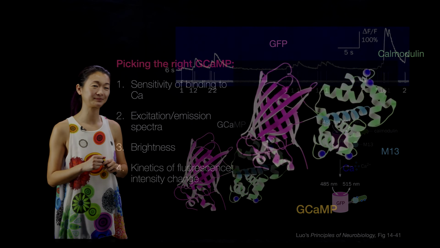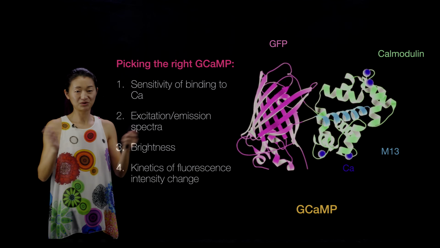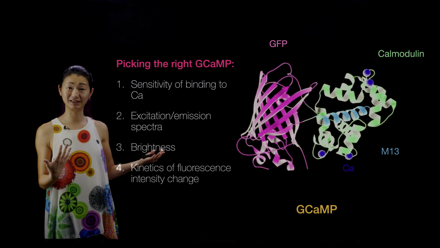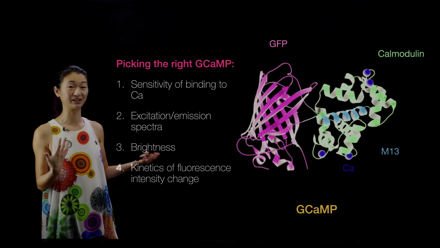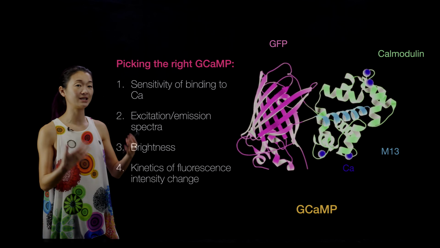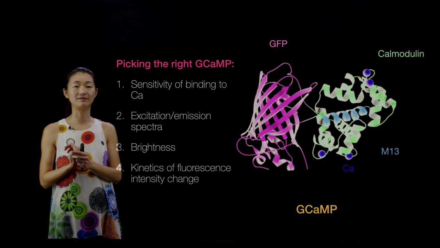calcium recordings. So I told you that GCaMP has gone through, it's super successful, lots and lots of people use it, and there's also a ton of different labs that are actively developing this technology because it's really useful. In picking the right version of GCaMP to use, you're thinking about the sensitivity of binding to calcium.